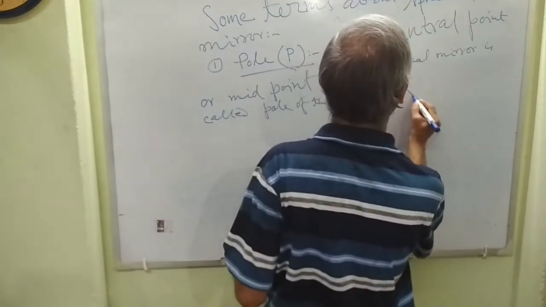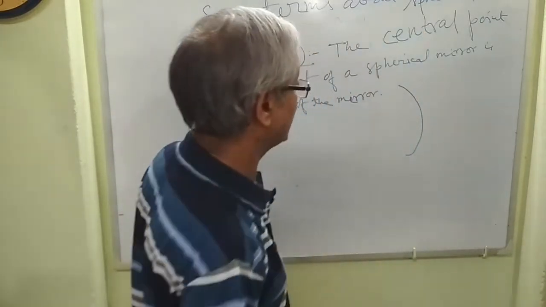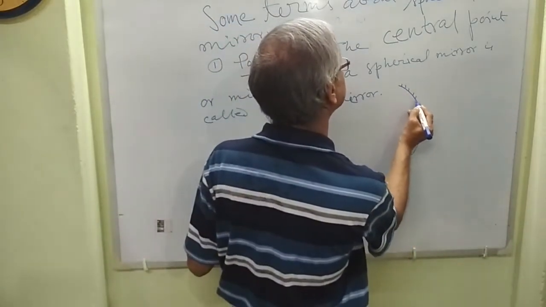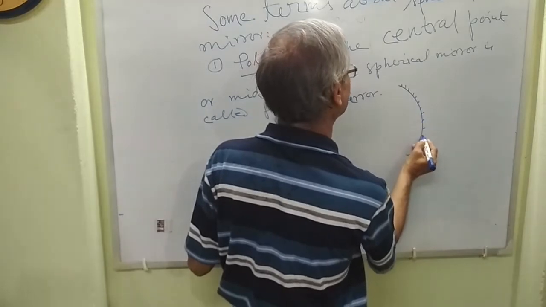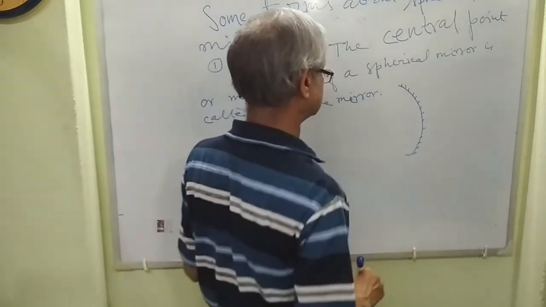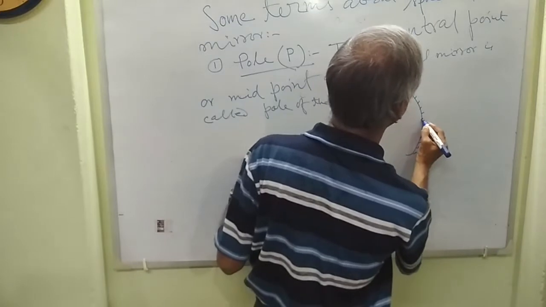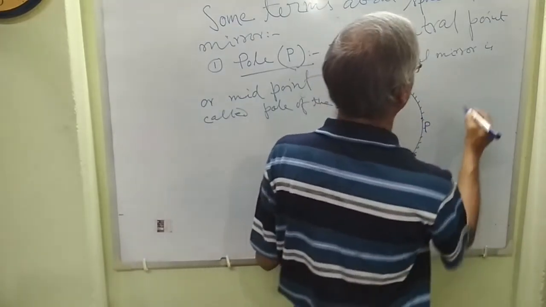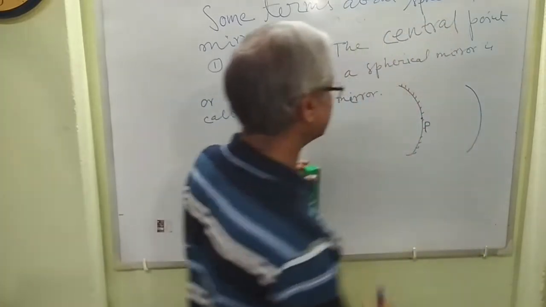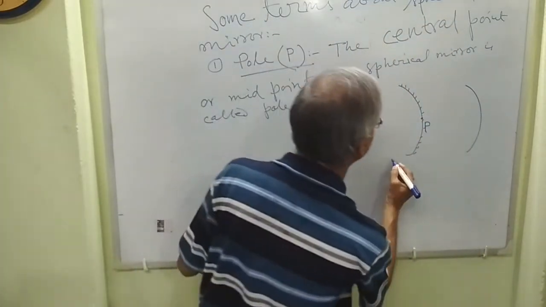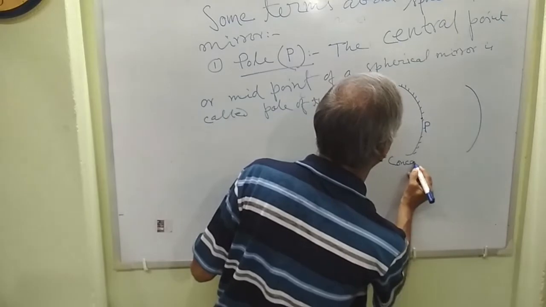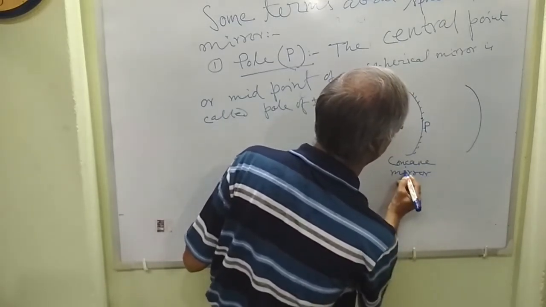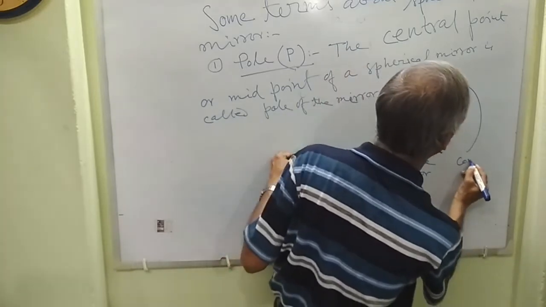We take a concave mirror. Here, the bulging surface is silvered. Then its midpoint will be this. It is the pole P. In the case of a convex mirror, this is the concave mirror and this is the convex mirror.